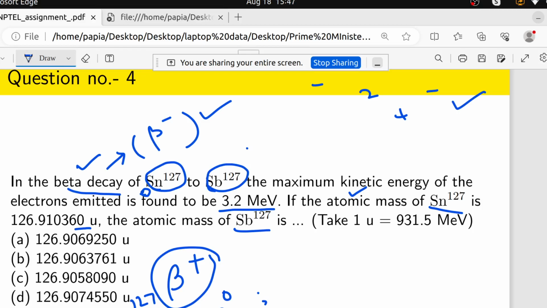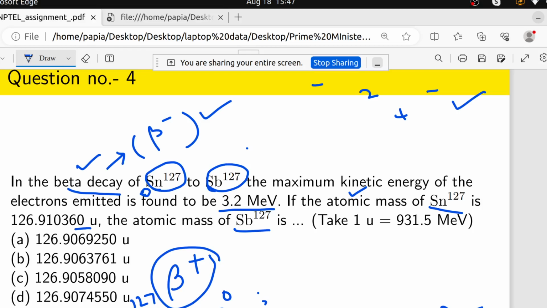So that means our Q will be in terms of atomic mass. If I write Q in terms of atomic mass, then what will be the value? Ma for Sn minus Me into Z, minus all the product particles. So Sb, that means Ma of Sb minus Me into Z plus 1, because you can see this is Z plus 1.